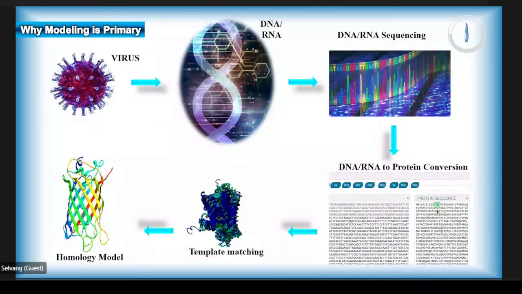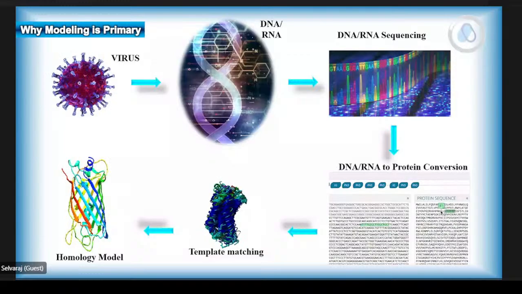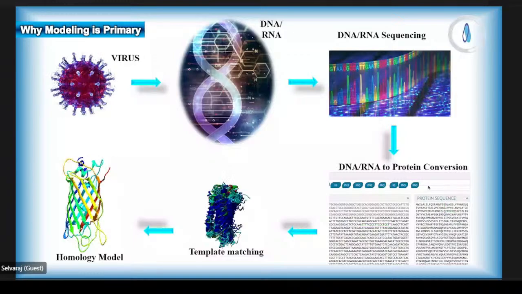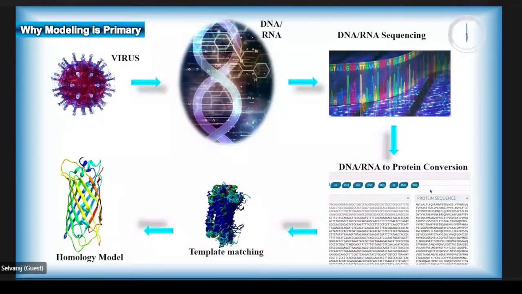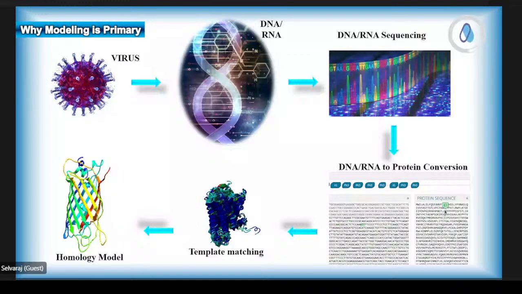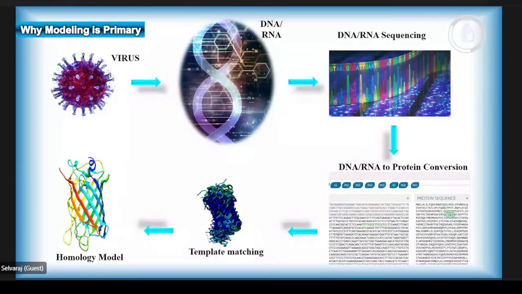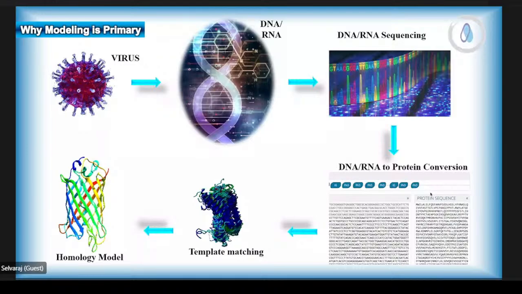In that category, we take the sequences, convert DNA to RNA, DNA to protein, or RNA to protein sequence, and from there, using the previous method I told about, template matching is done, and based on the template matching, homology models are developed. There are so many proteins in SARS-CoV-2, and each protein has been modeled.